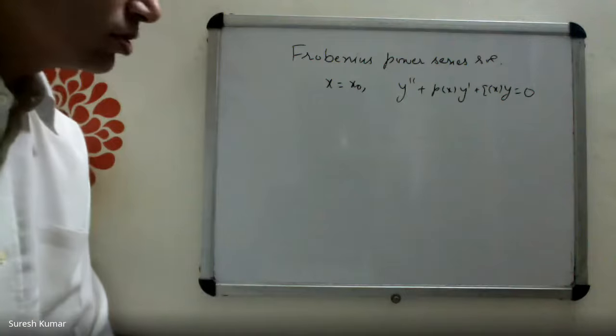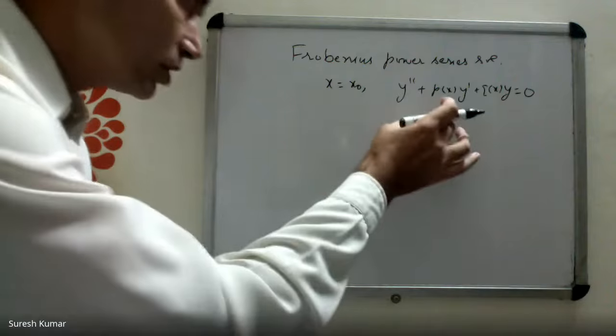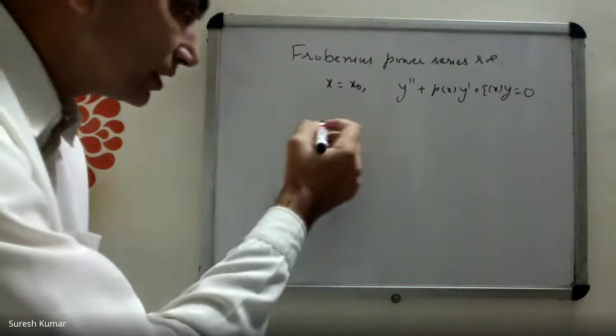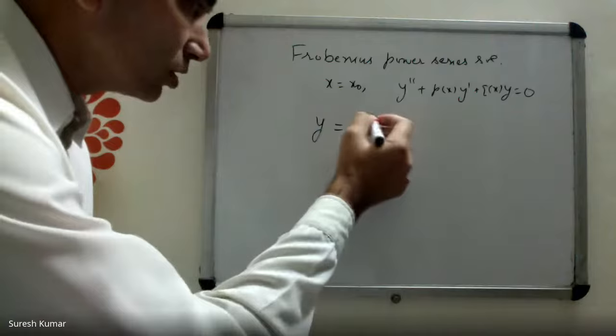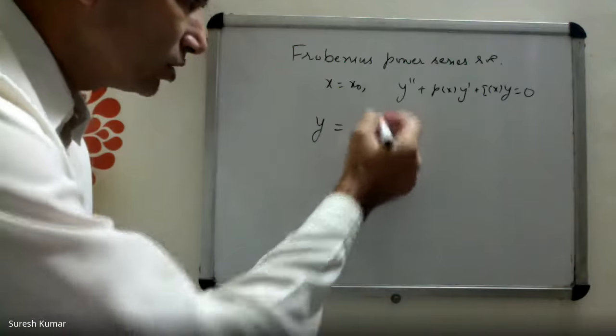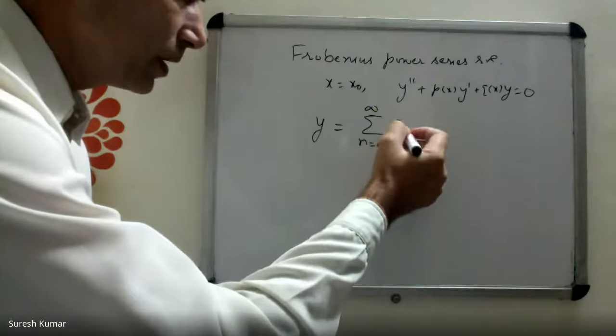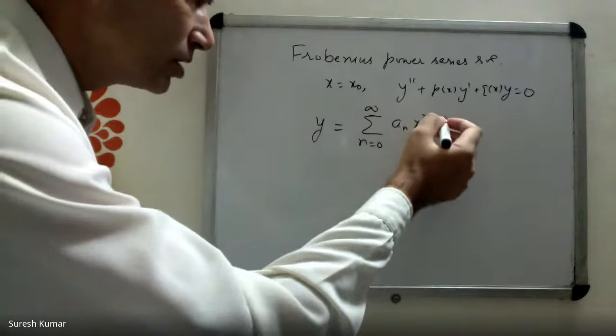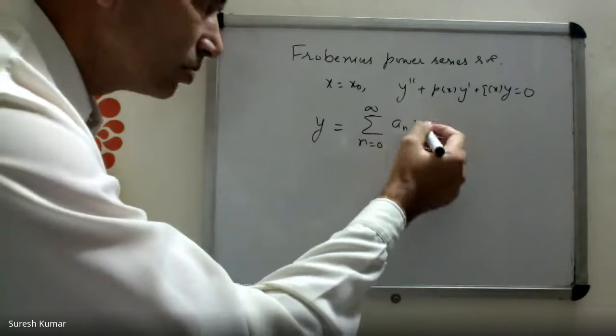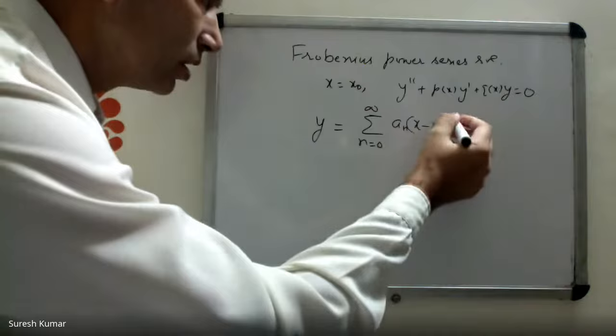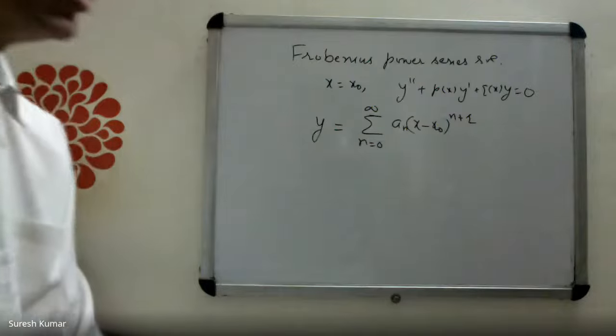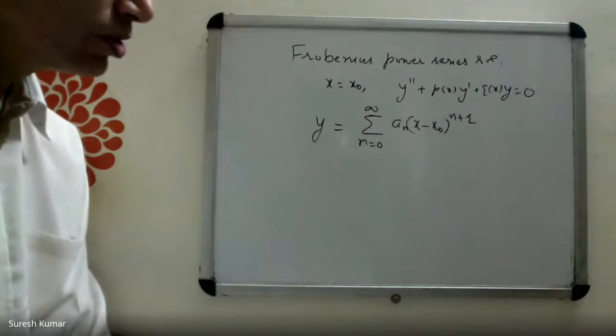Then there exists at least one power series solution of the form summation n from 0 to infinity a_n (x minus x naught) power n plus r, which we call Frobenius power series solution.